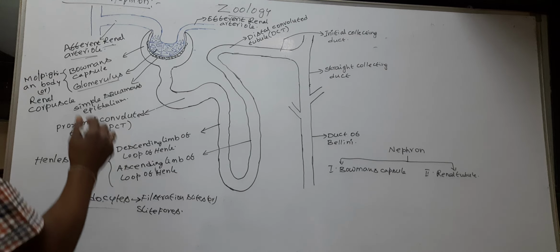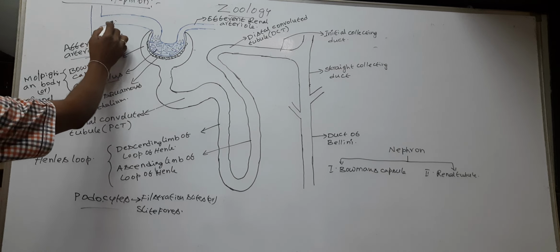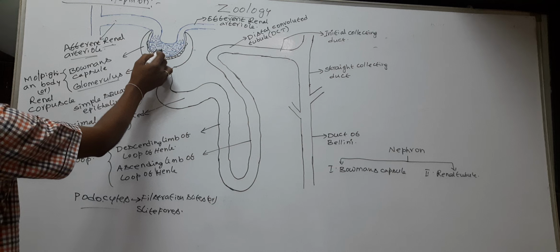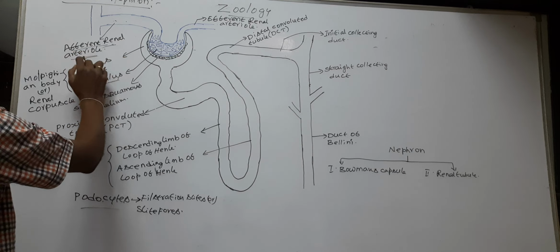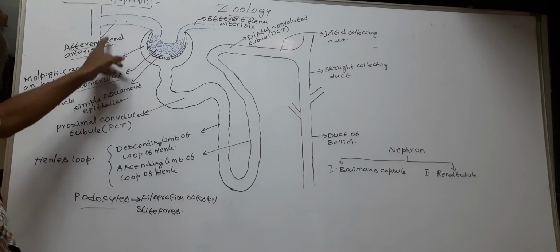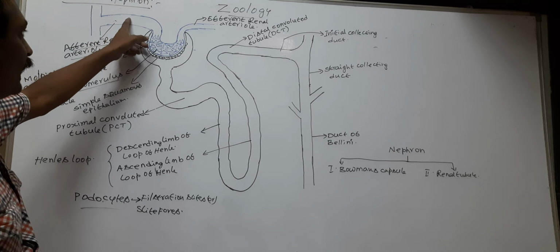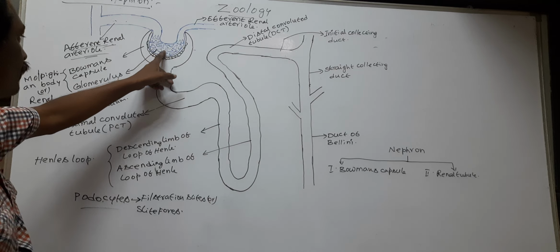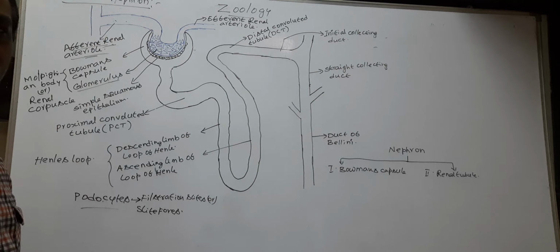Here, the blood enters into glomerulus through afferent renal arteriole. So the afferent renal arteriole releases its blood into glomerulus.